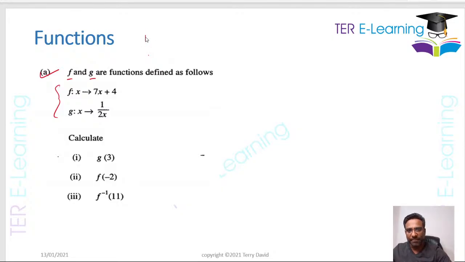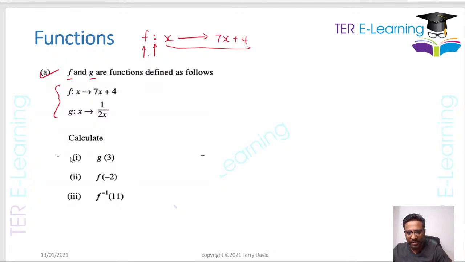When you see a function written with f, two dots, and then x and 7x plus 4, what this statement is saying is that f maps x such that x is mapped onto 7x plus 4.